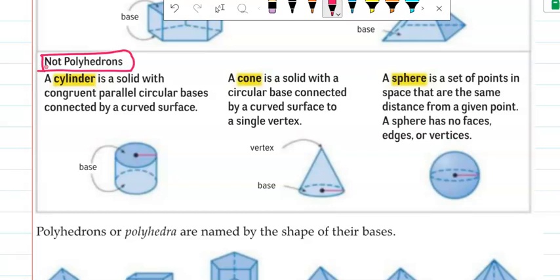So if we have two circles on the bottom with a curved edge around it, that's a cylinder. We have one right here that looks just like an ice cream cone, right? It's tempting to want to call this a pyramid, but it has a circular base, where we need the base to be a polygon. And then something that looks like a ball, the formal name is a sphere.